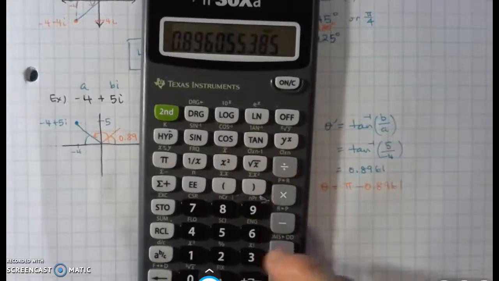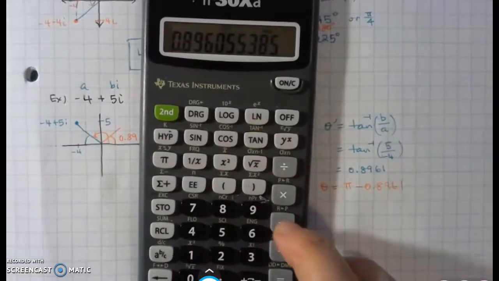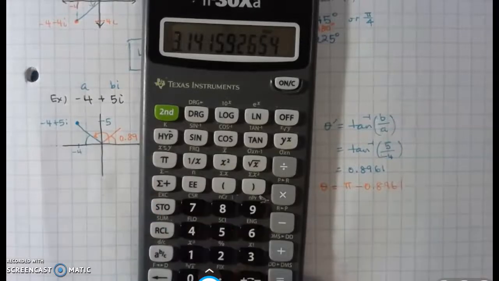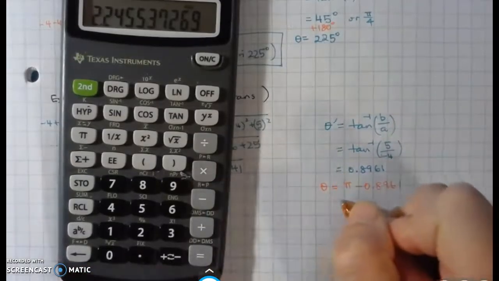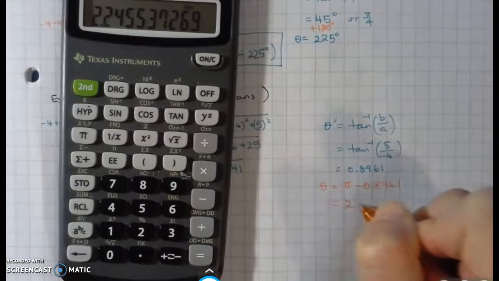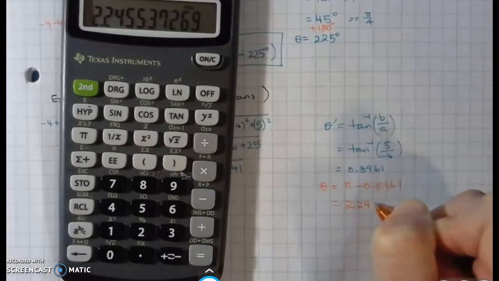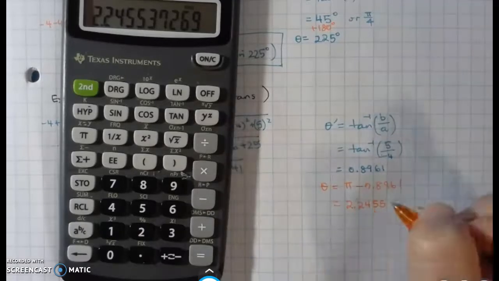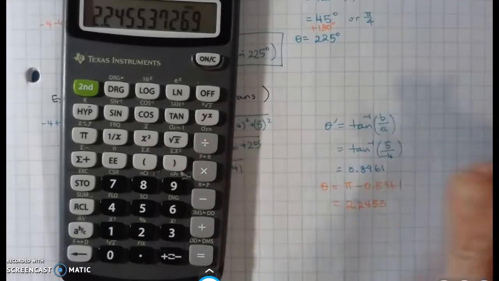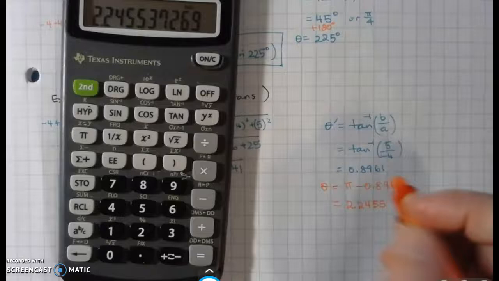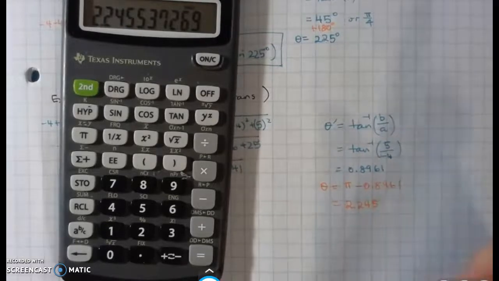That's okay. And I need to subtract that from pi. So what I can do is subtract pi from it and take the negative of it. So theta is going to be equal to 2.2455, or 2.246 will be sufficient.